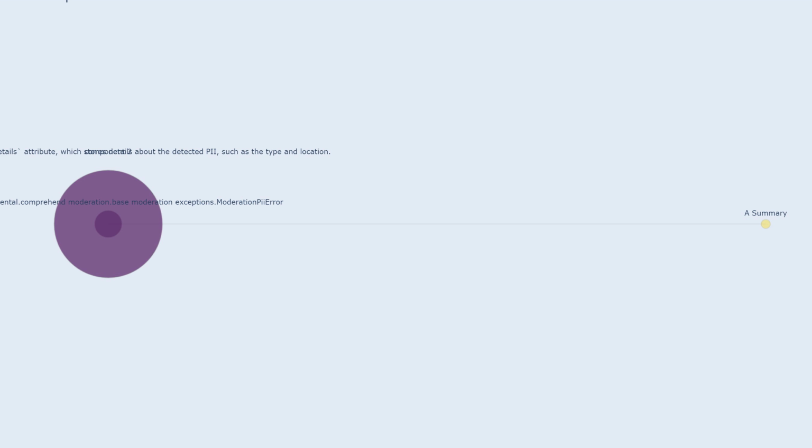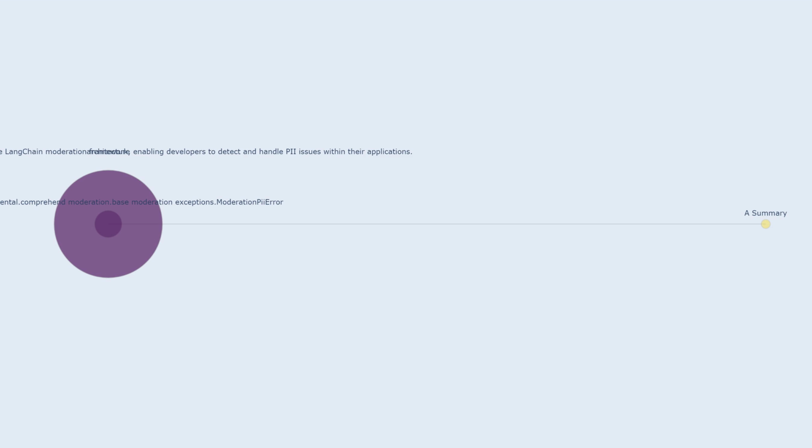For example, the pii_details attribute could indicate that a social security number was detected in the third sentence of the input text. This granular information empowers developers to make informed decisions about how to handle the detected PII, potentially allowing for more precise and targeted mitigation strategies.